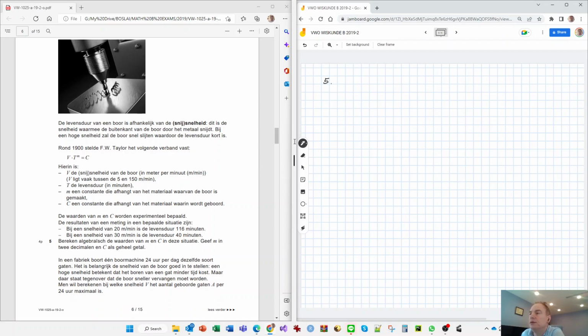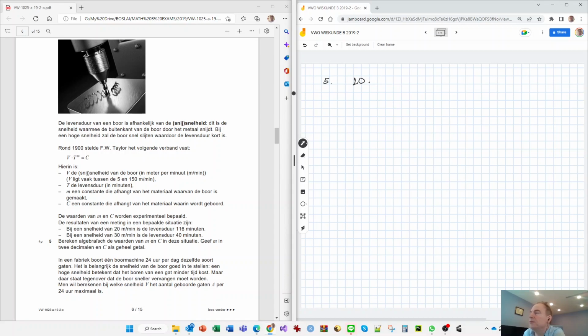I guess you need to know some basic Dutch to understand this. So what exactly is what? This 20 here is the speed, so this is capital V, and this capital T is the lifetime.